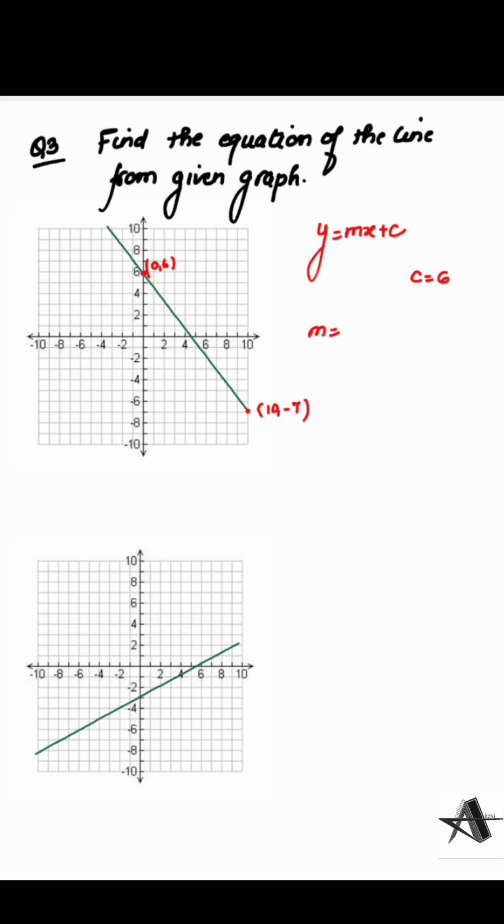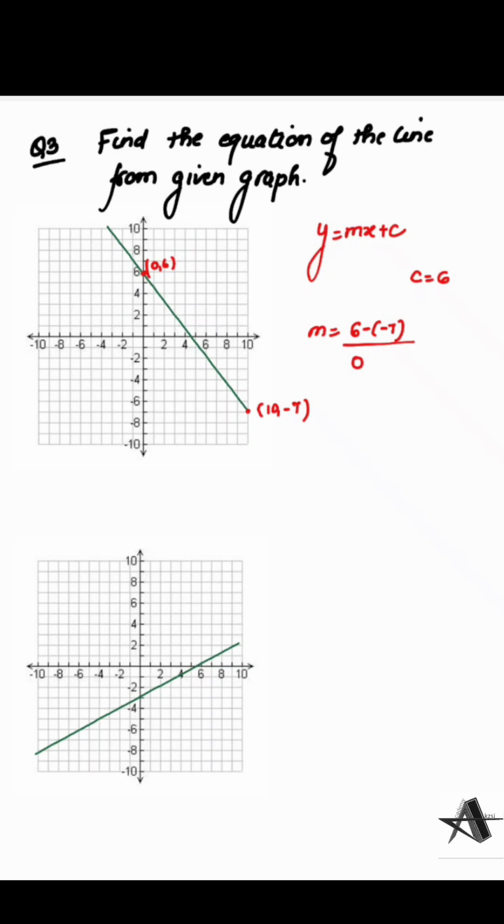So change in y over change in x, let me say this is my y2. So 6 minus -7. This is the most common mistake a student does, is using the negative sign. It creates problems. So 6 minus -7 over change in x-axis. So x2 is this 0. If you are picking this as y2, then definitely the corresponding value will be x2.